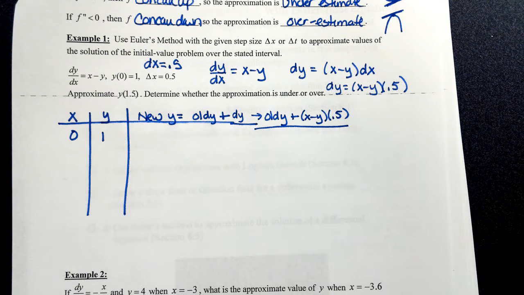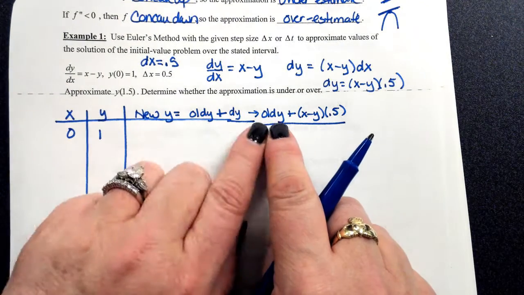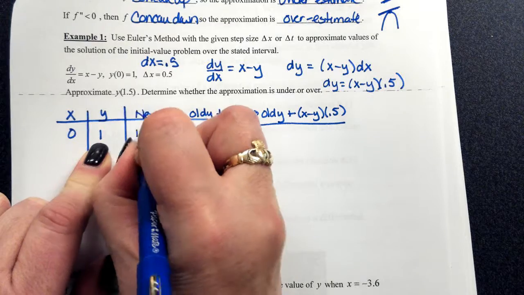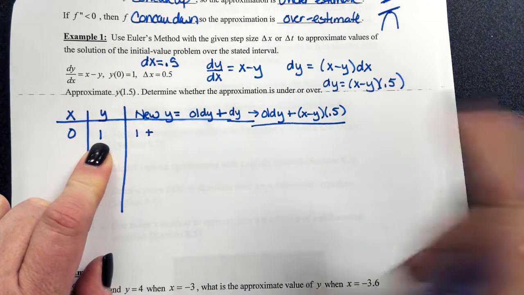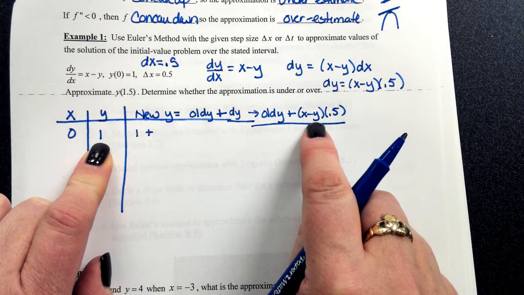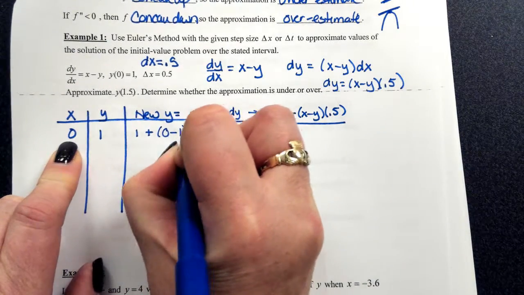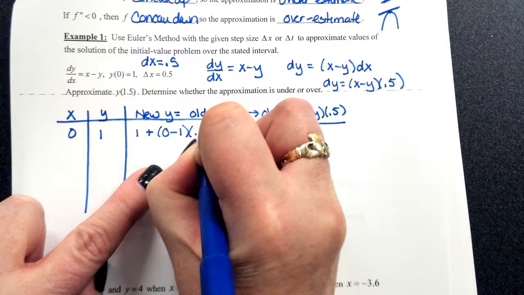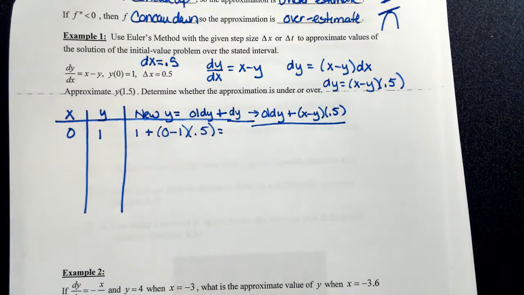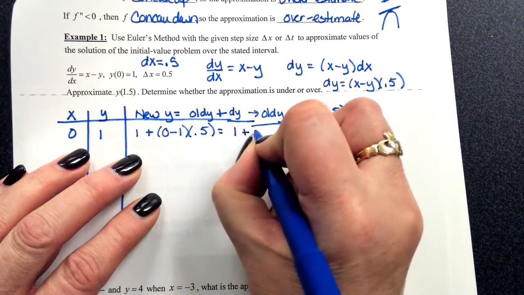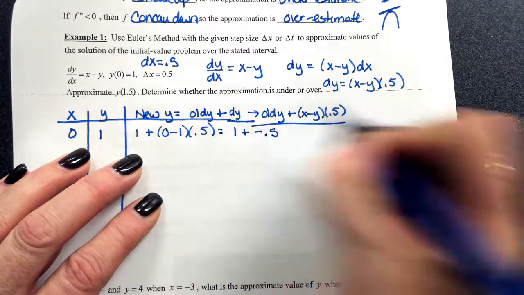So now I'm going to calculate. My old y is this y value right here, which is 1, plus I'm going to take my x and y value and subtract: 0 minus 1 times 0.5. So I have 1 plus negative 0.5.